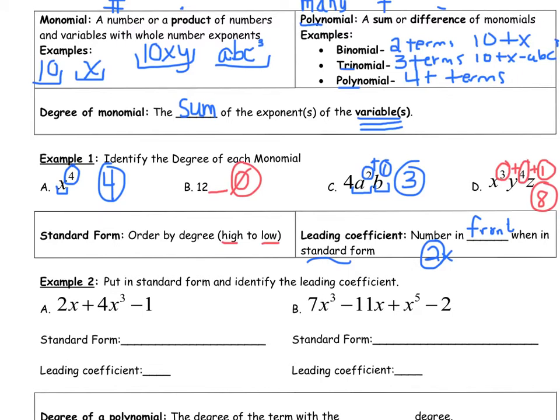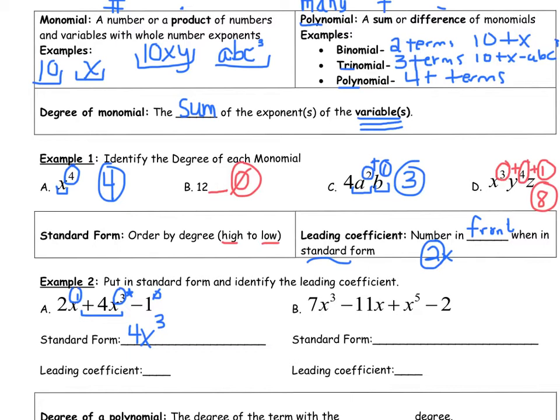So let's reorder letter A. The degree on the 2x is 1. The degree on the 4x to the third is 3. And the degree on that number 1, since there are no letters, is 0. So we'll put the highest degree first. So the 4x to the third, it's positive, goes first.